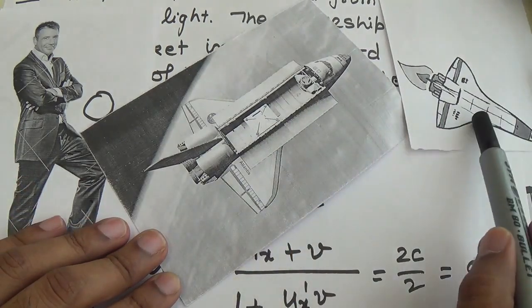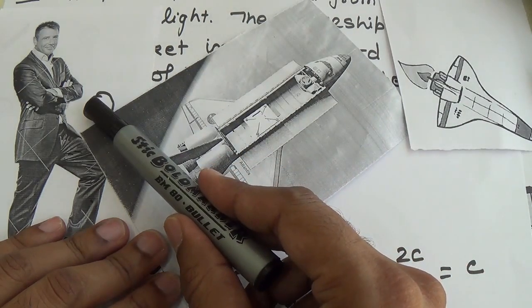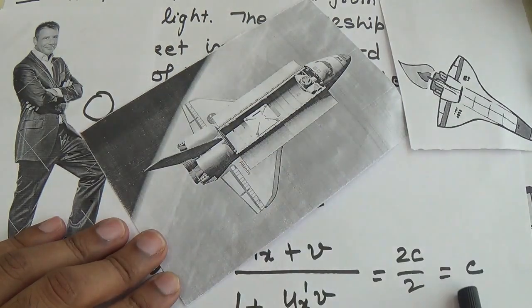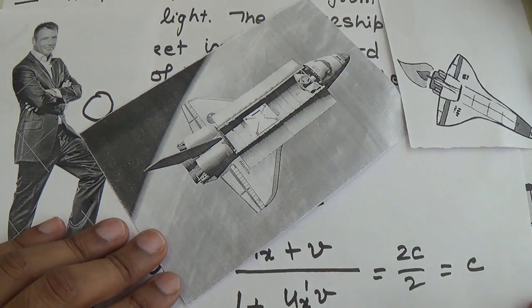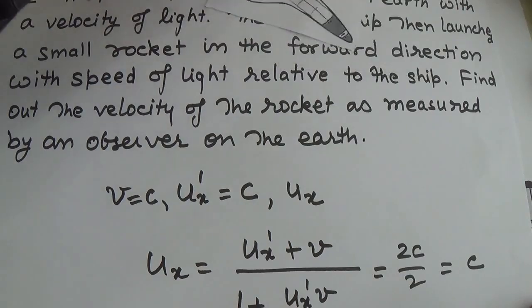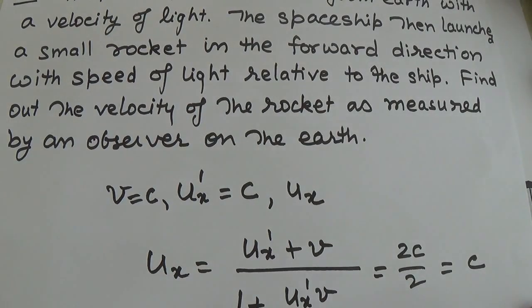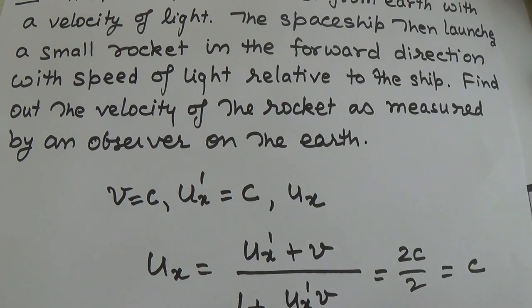One has to find the speed of this rocket with respect to the stationary observer, and that is c. So it again proves the postulate of the special theory of relativity, that the speed of light remains constant in all frames of reference.